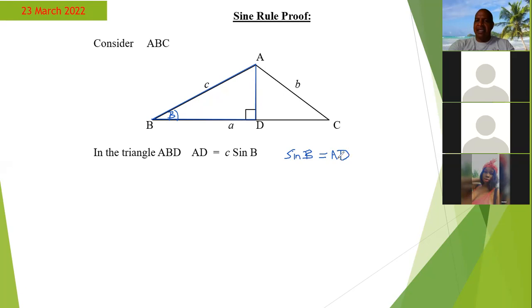Remember, the sine is opposite over hypotenuse. Now, in this case, the hypotenuse is C. In order to calculate AD, if you are dividing on the right-hand side by C, we move it across to the other side and multiply by what we have on the other side. So we move the C across to this side and times it by sine B. Remember there's an invisible multiplication sign between them. So C sine B would be equal to AD.